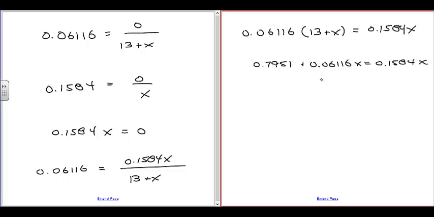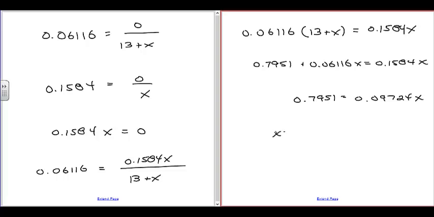And then you subtract 0.06116x from that. So 0.1584 minus 0.06116 is 0.09724x.